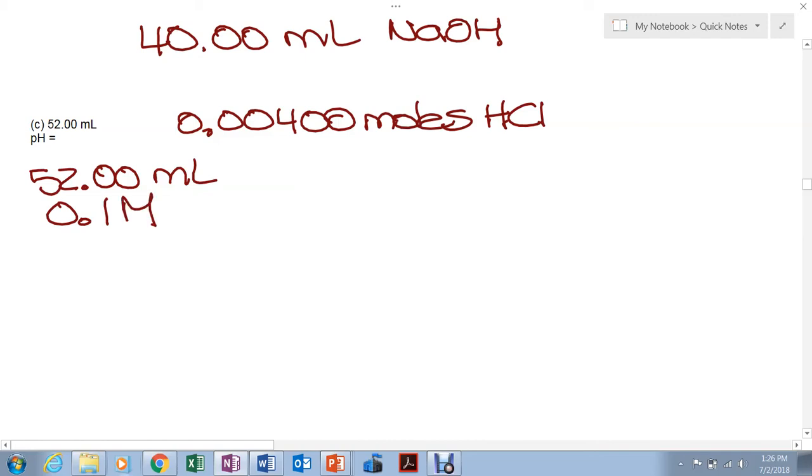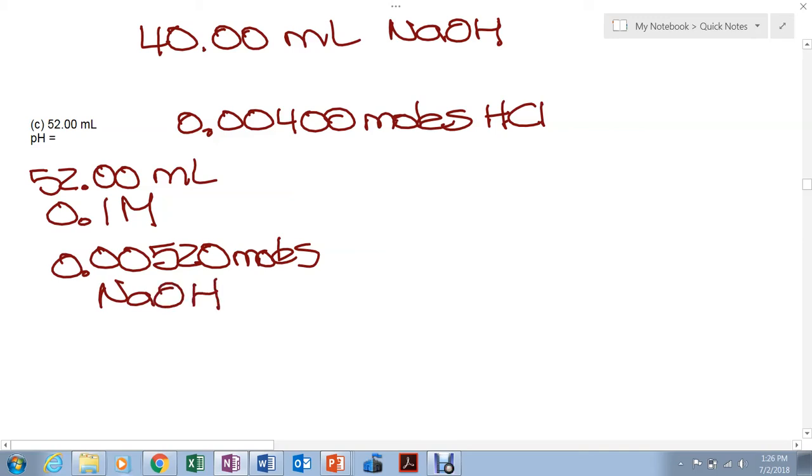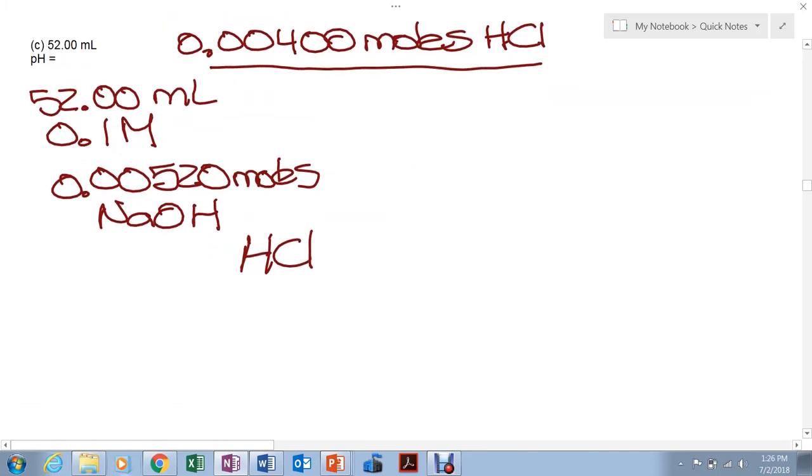That gives me 0.0050 moles of NaOH. Now you have an excess of NaOH, once all the acid reacted to convert into salt. Even though I said I'm not going to do it, I like to do it and break it down. NaCl plus water.